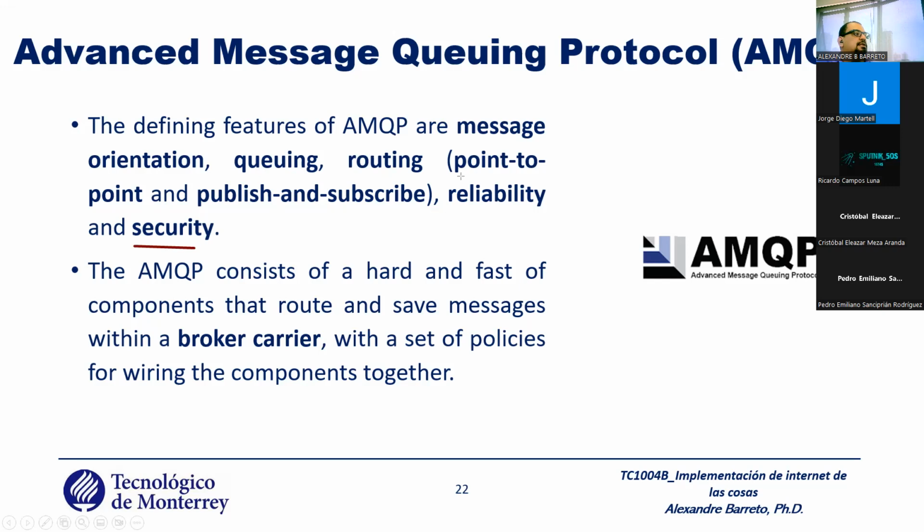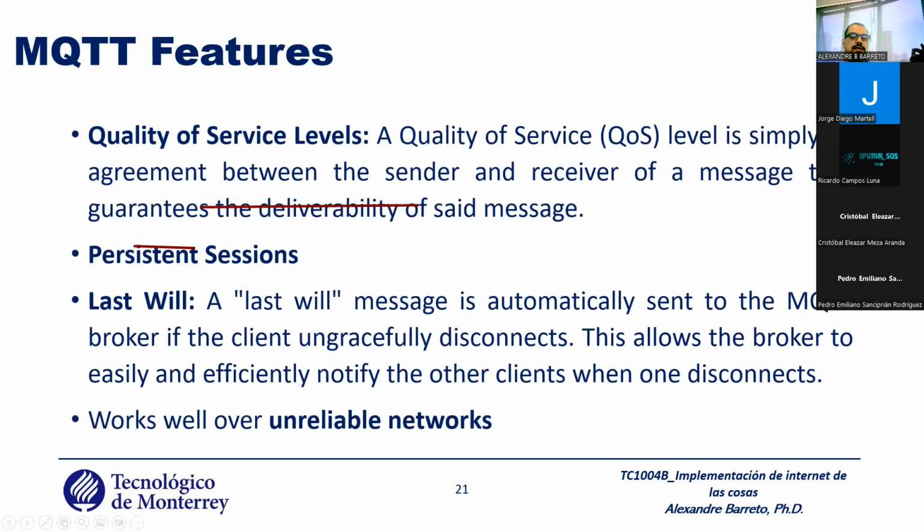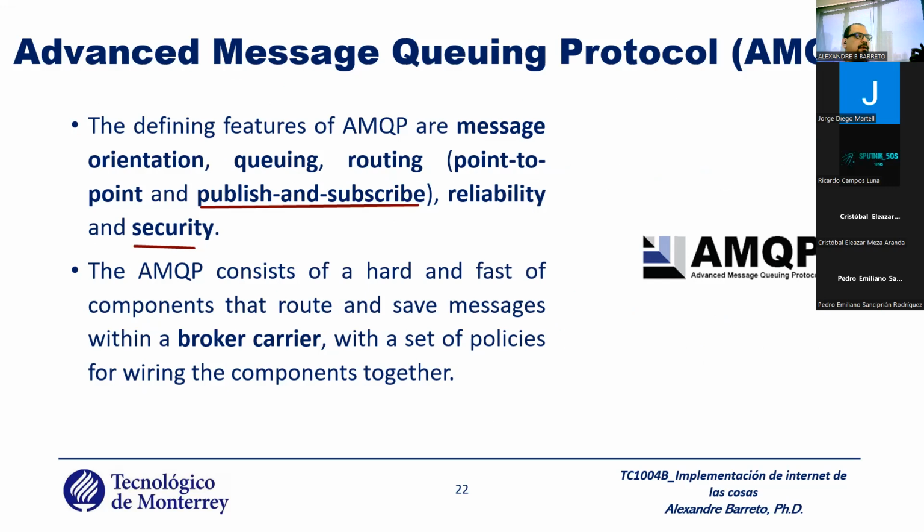And it has point-to-point and publish-subscribe. All the other protocols use publish-subscribe. You have a publisher and you have a subscriber, okay? Like you see here, you have publishers and you have subscribers. The AMQP supports publisher and subscriber, but supports point-to-point too, okay?